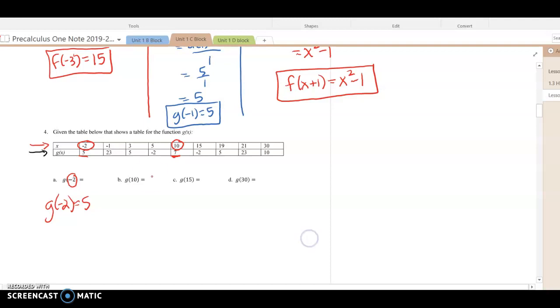So g of 10 is 7. Now, we have 15. So our x value is 15, and our g of x value is negative 2. So g of 15 is negative 2. And then last, but certainly not least, is 30. g of 30, our x value is 30, so our g of x value is 10. So g of 30 is 10.